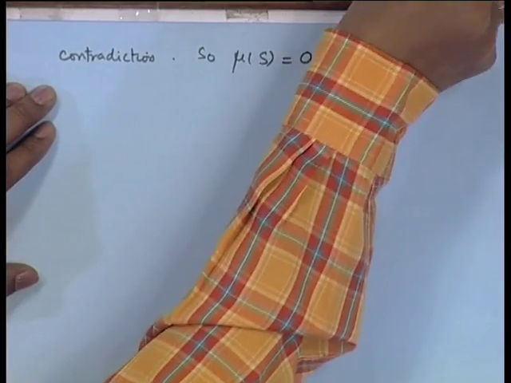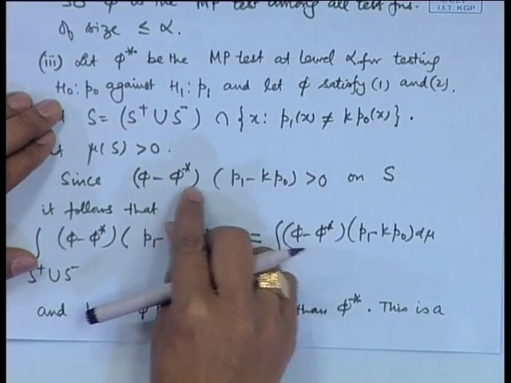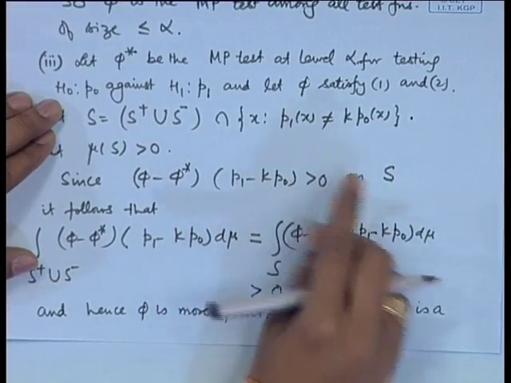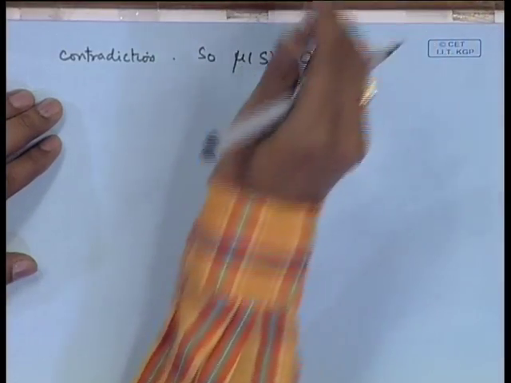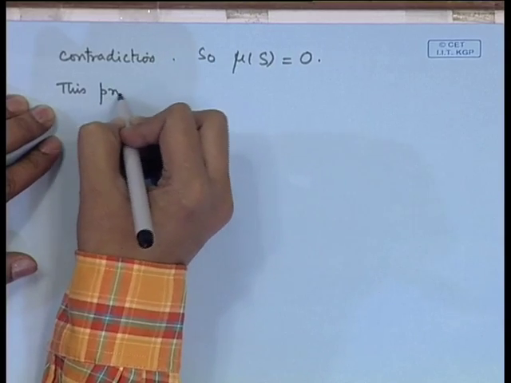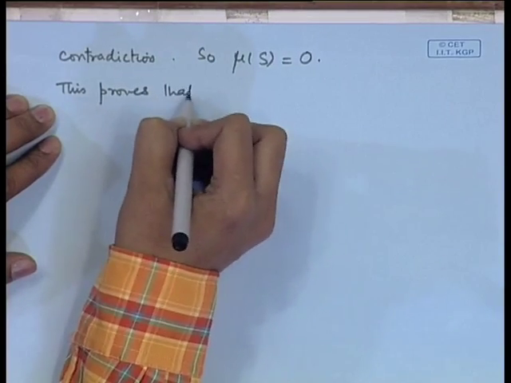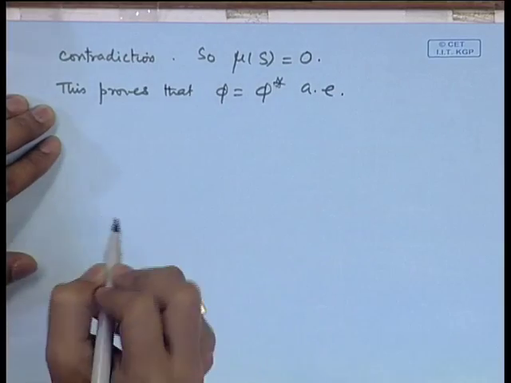That means, the set where you have this phi minus phi star P 1 minus k P naught greater than 0, that set must have measure 0. This proves that phi and phi star are same almost everywhere.